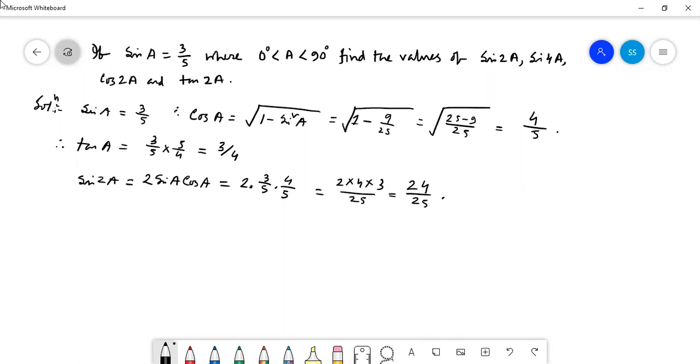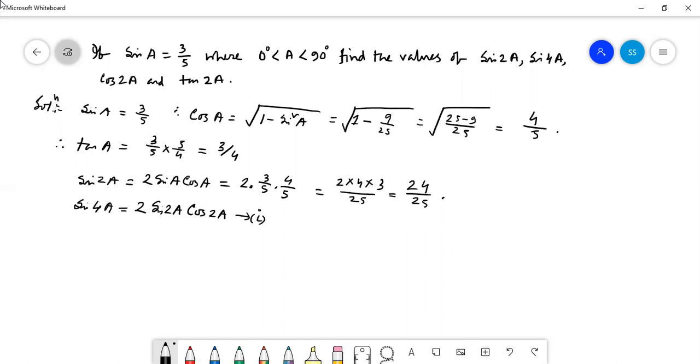Now for sin 4A. Sin 4A, we can write as 2 sin 2A into cos 2A, equation number 1.